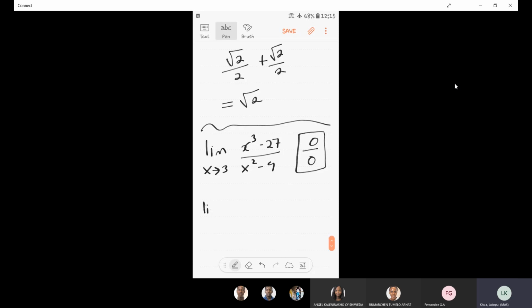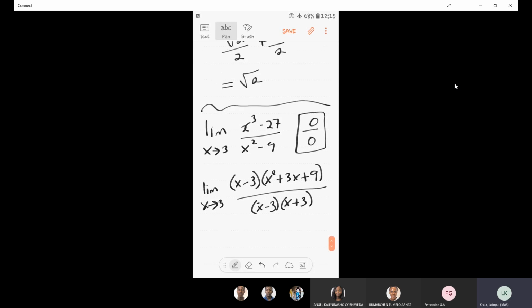So this is the limit as x goes to 3, and then here I have (x minus 3)(x squared plus 3x plus 9), then divided by (x minus 3)(x plus 3).